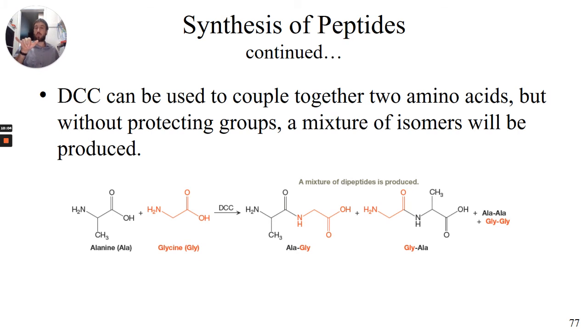So we would need to incorporate protecting groups to minimize some of the cross-contamination. If I mix alanine and glycine with DCC, I'm going to get both sequences, both alanine-glycine and glycine-alanine. And for that matter, glycine-glycine and alanine-alanine. Some of that can be controlled a little bit with concentrations and when you're putting species in, but without those protecting groups, it's going to be a mess.